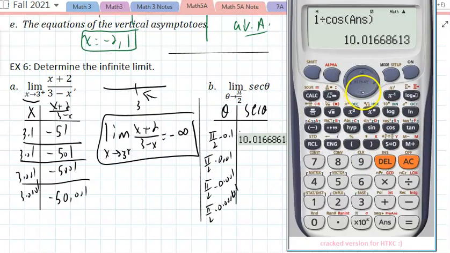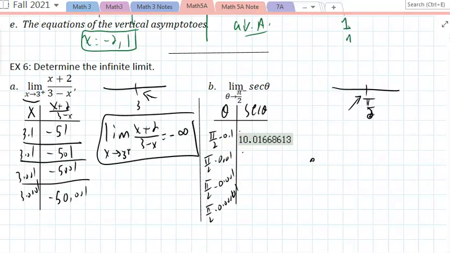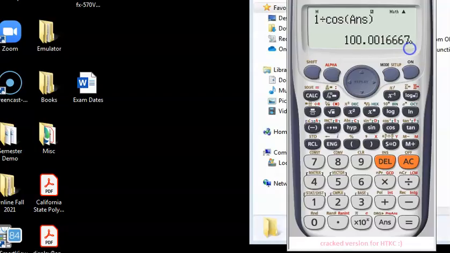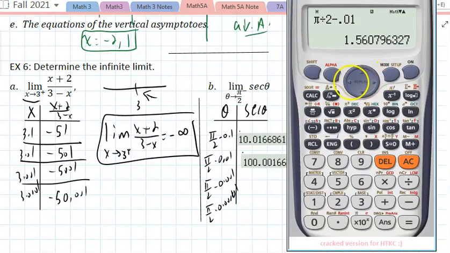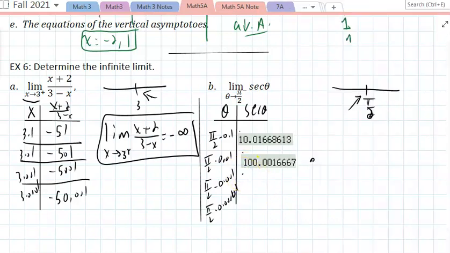I'll take pi over 2 minus 0.01. Then I'll evaluate it. I'm getting 100. Okay. Then I take pi over 2 minus 0.001. Evaluate, 1,000.